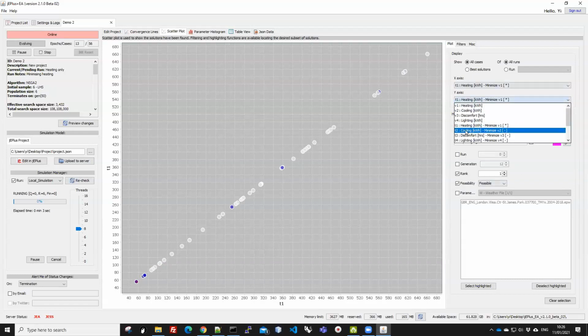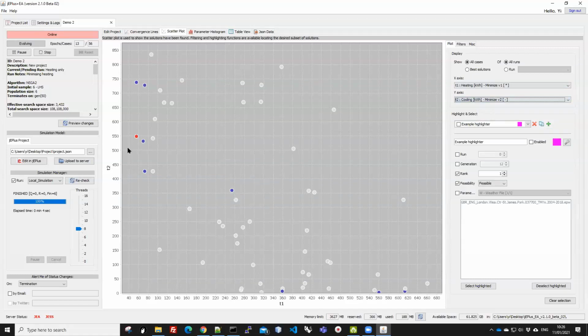If you show it on heating versus cooling, it's essentially the same, but you have to remember that the algorithm is trying to push towards that direction, so minimizing T1 only. It doesn't really care what T2 value is. And the red points are the best solutions it has found so far.